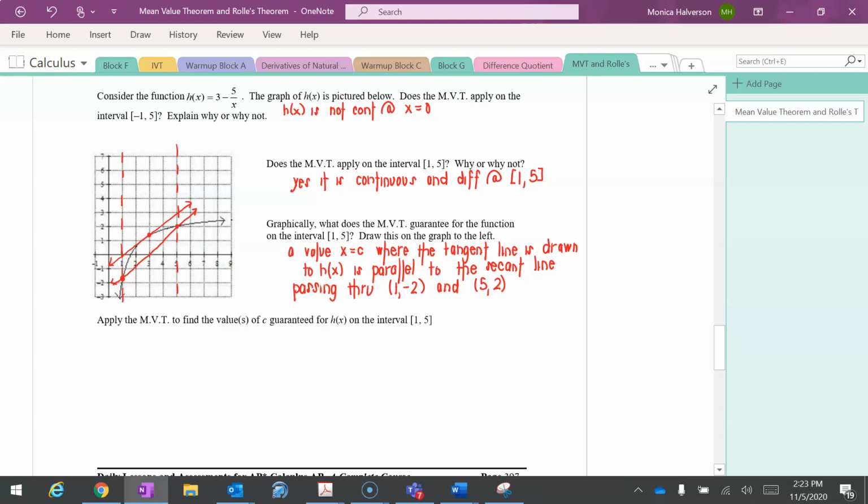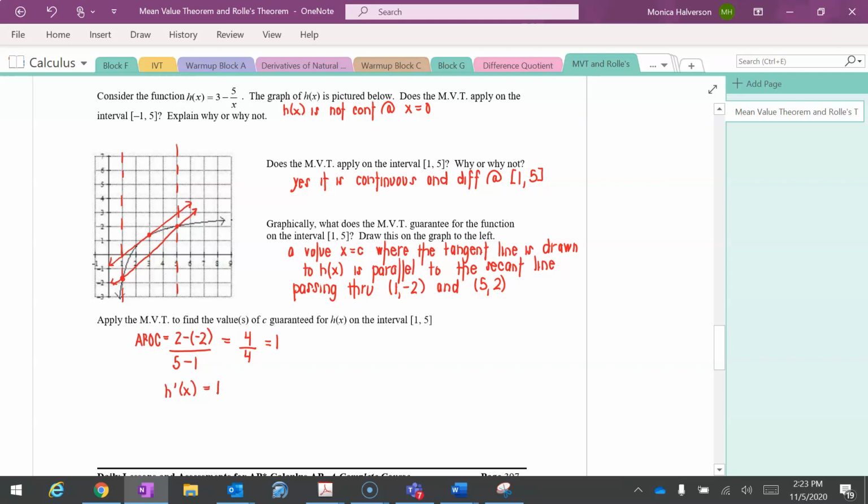We can find the average rate of change by doing our slope: 2 minus -2 all over 5 minus 1. So we get 4 over 4, which is 1. So we know that the derivative of h of x equals 1.